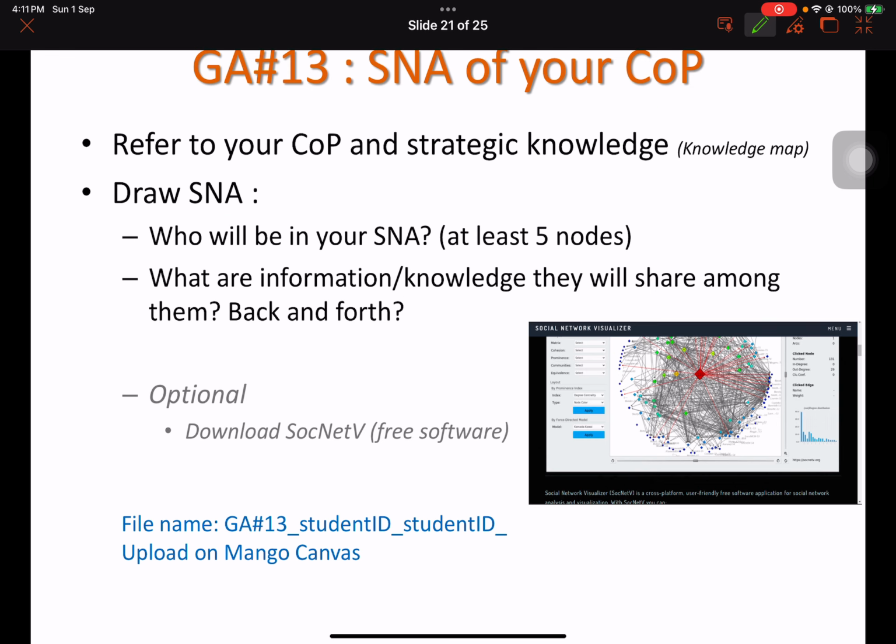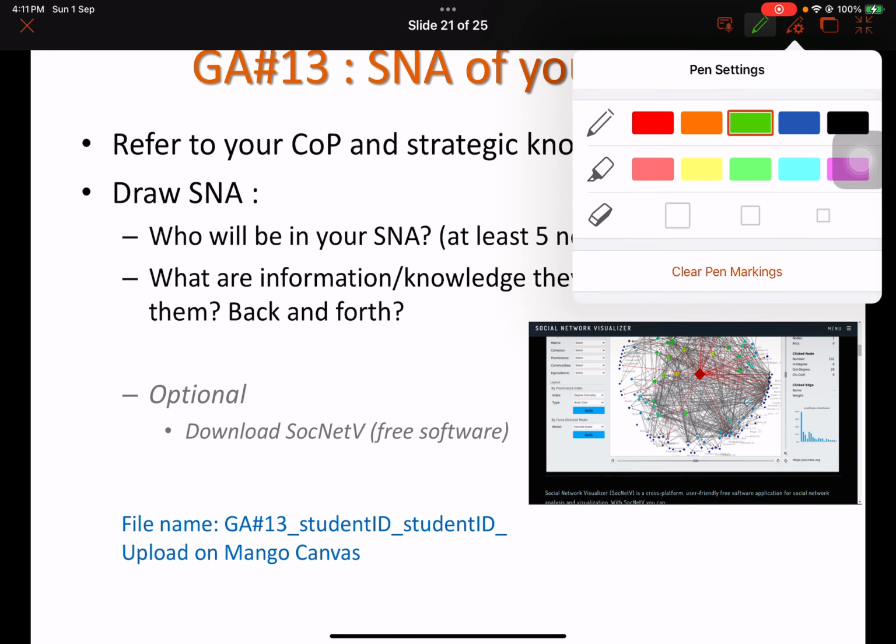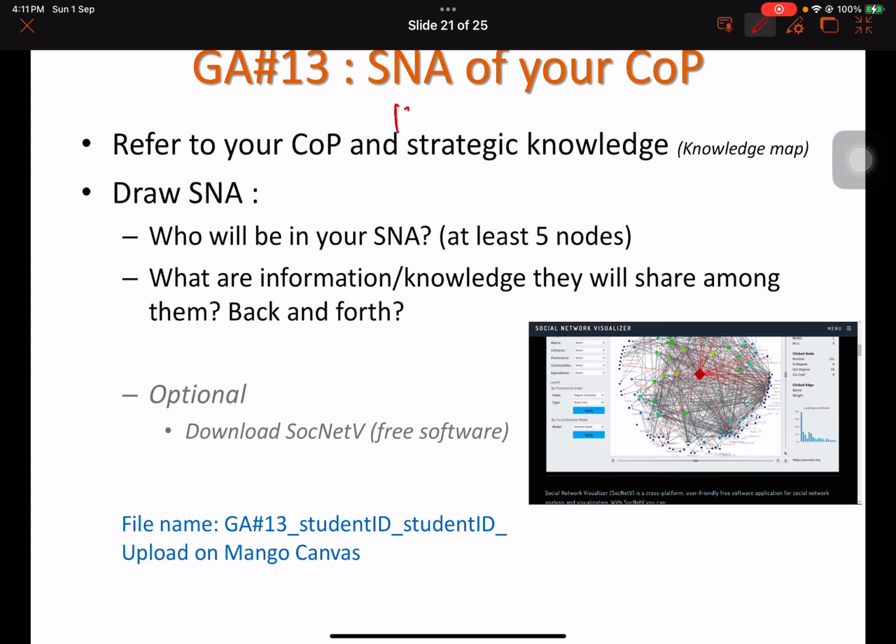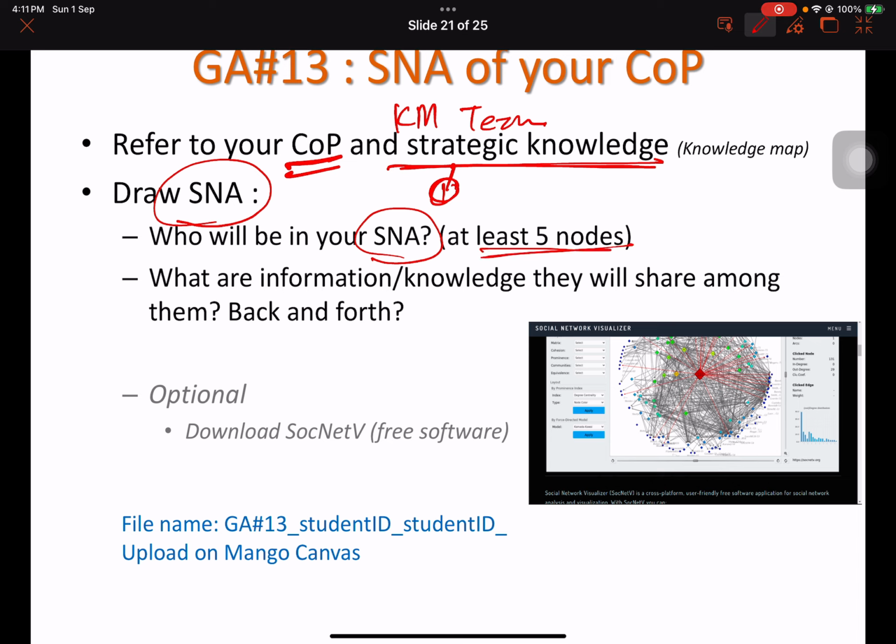For the group assignment related to the KM term paper, you should bring only one strategic knowledge to show the social network analysis. You can show at least 5 nodes; you can show 6 or 7, but at least 5, to show who the knowing people are.